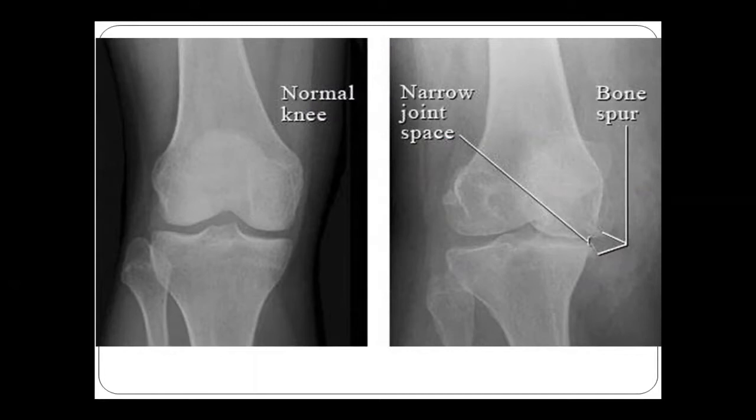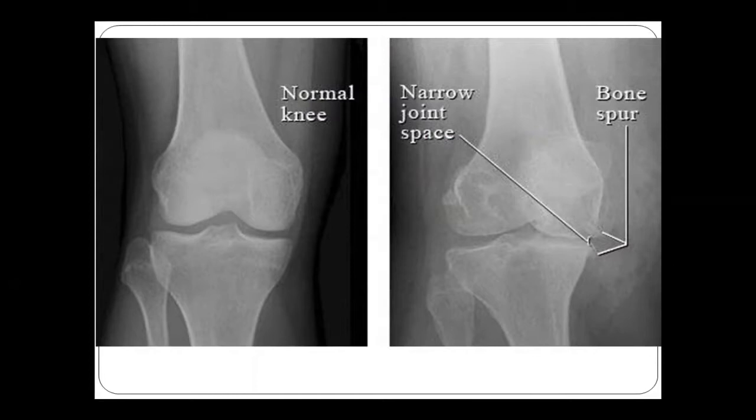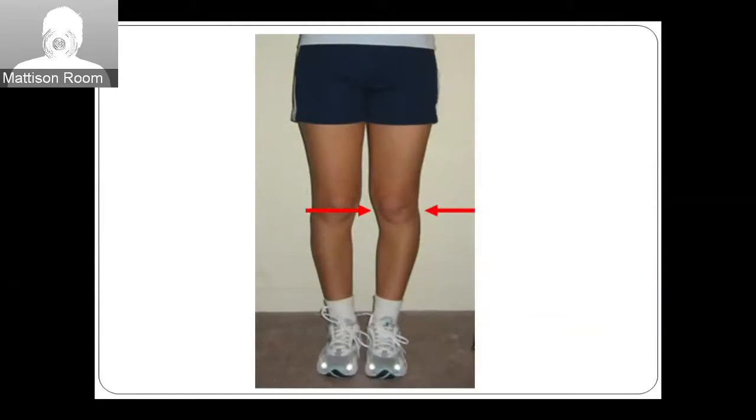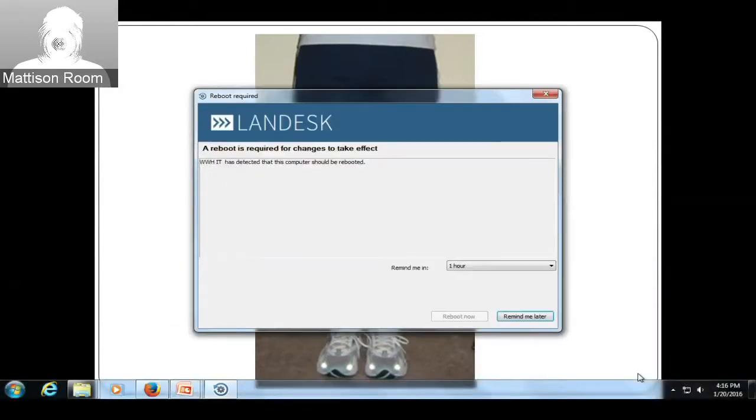But usually people, when they get arthritis, it starts on that medial compartment, and they end up getting bow-legged. And this next slide shows that. So you can see on the left side, her right leg is nice and straight. You can see the bow to this leg right here. And that's because this patient has arthritis, mainly confined to there.